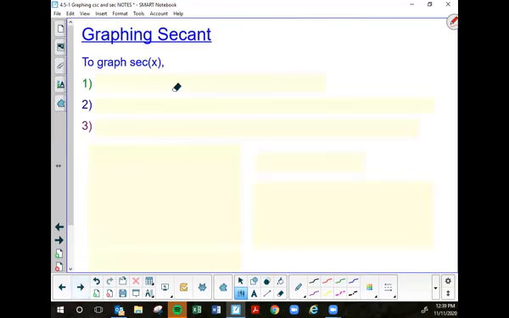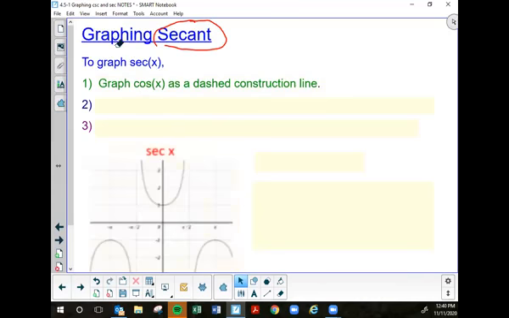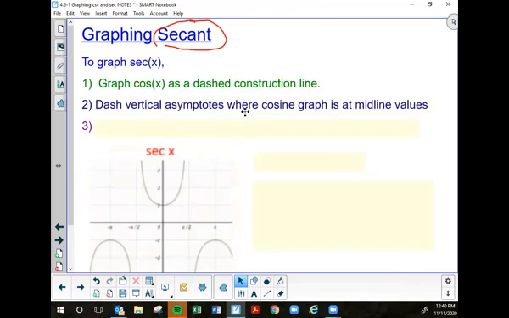If you had to graph a secant, you do exactly the same thing, but secant is the reciprocal of cosine. So you just basically graph a cosine as a construction line and turn it into a secant by putting asymptotes. You'll put an asymptote through every midline value.